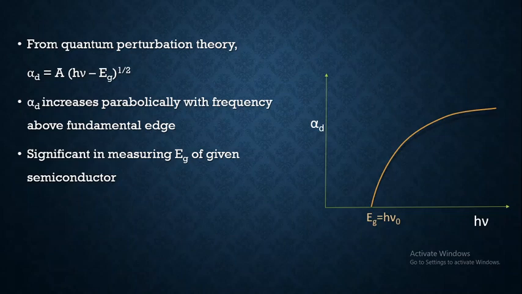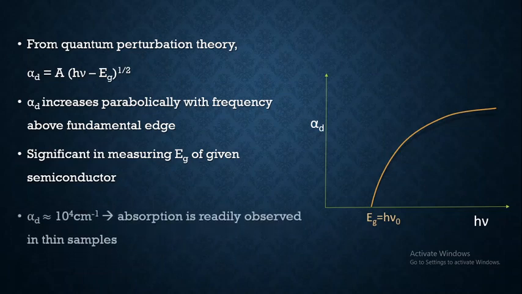So if you find out what nu naught is, h nu naught will be equal to Eg. So based on the absorption edge, easily we can find out the energy gap of a semiconductor, and that is a very important significance of this fundamental absorption edge.